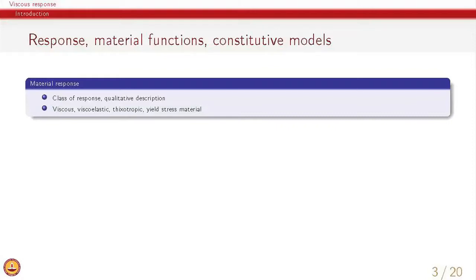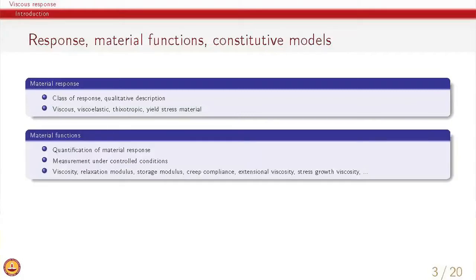To better understand the qualitative description, we need to quantify the response, and that is where material functions become very useful. Material functions are defined based on measurement under controlled conditions, for example, constant stress or constant strain or constant strain rate, and also simple shear flow or uniaxial extension.